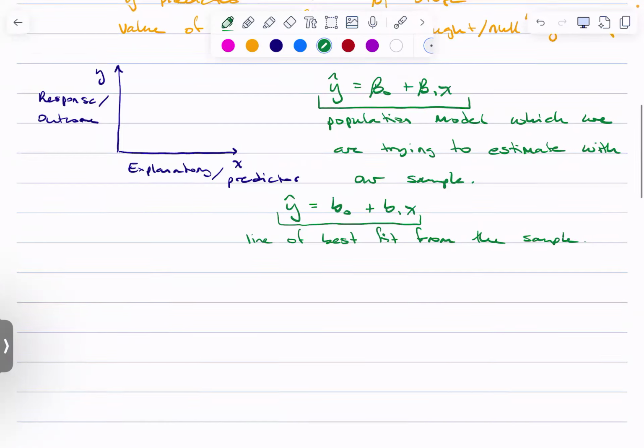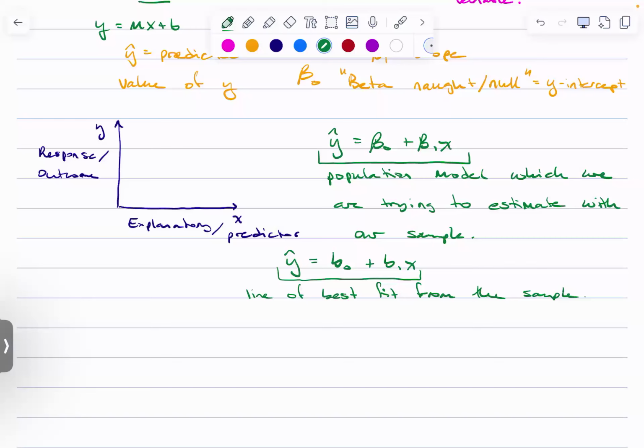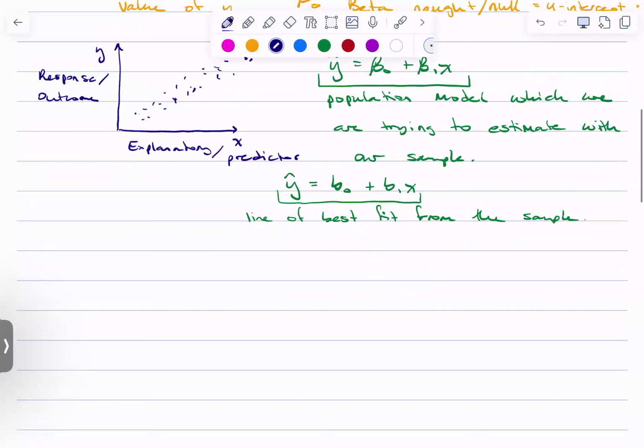One of the first things that you want to look at when you've made a scatter plot is you want to be able to describe the relationship.